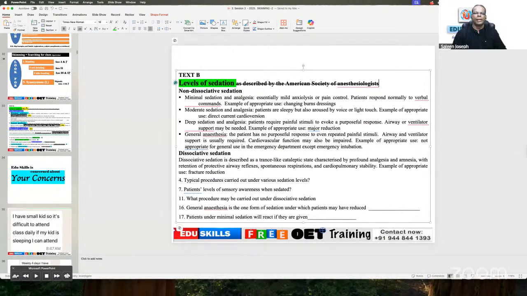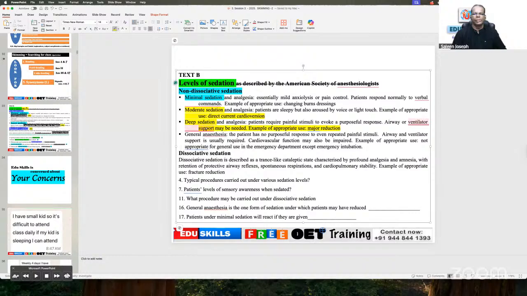Non-dissociative, okay, subheading. Then you have side headings: minimal sedation, analgesia, moderate, deep, and general. Sedation and analgesia, general anesthesia.